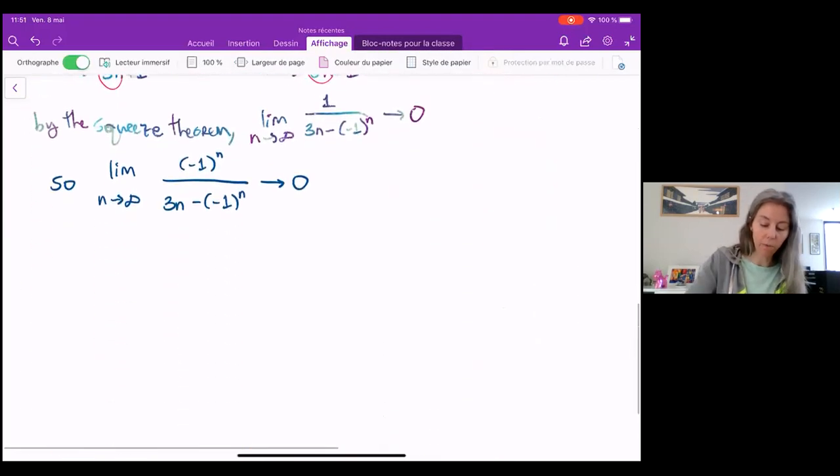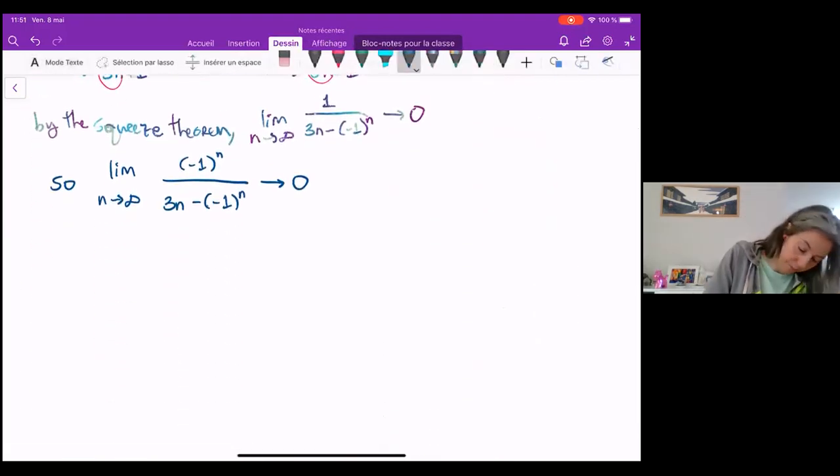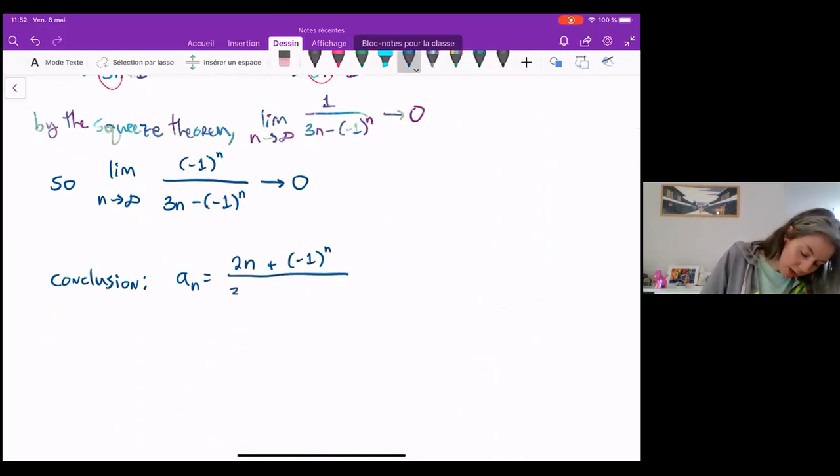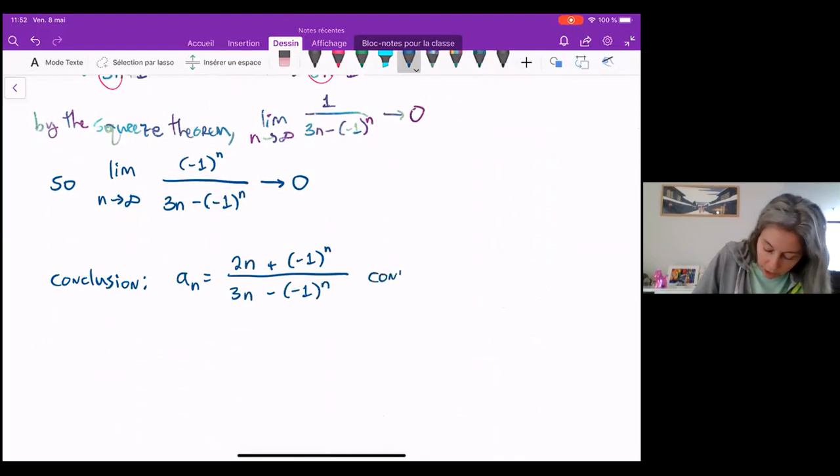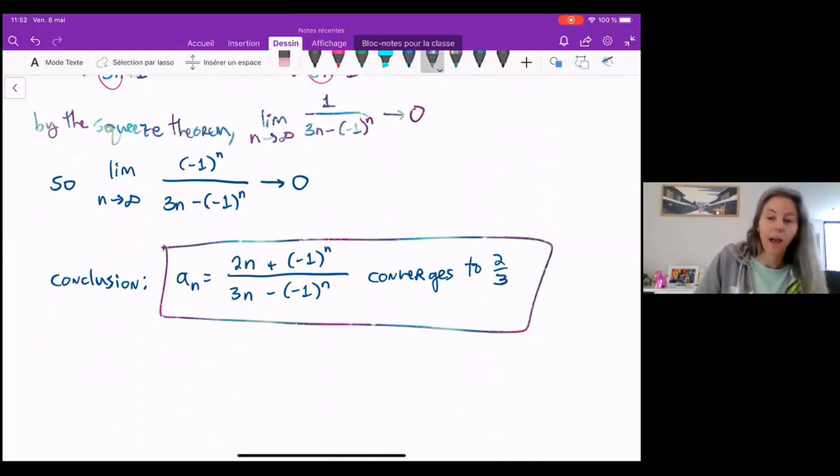And therefore my conclusion is that A7, which was equal to 2n plus -1 to the n over 3n minus -1 to the n, converges to 2/3 for my final answer.